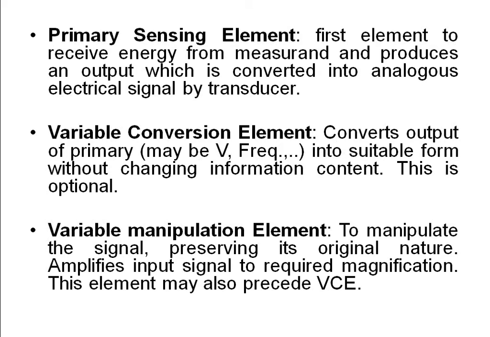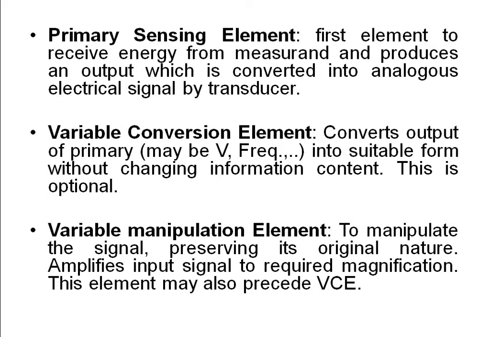So primary sensing element, that is the first element which will receive the energy from the measurement. That is nothing but what we are going to measure, and will produce an output which is converted into an analogous electrical signal by the transducer. Then the next one what we have seen was the variable conversion element.